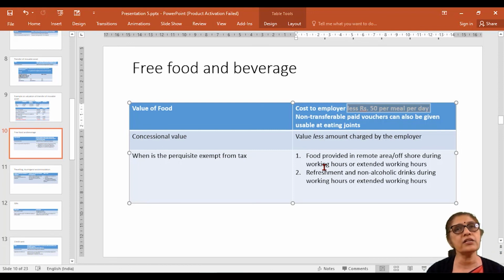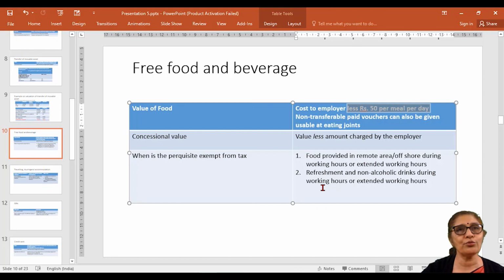Off the working place it is fully exempt from tax. And refreshment and non-alcoholic drinks, remember, exemption is given only on non-alcoholic beverages.